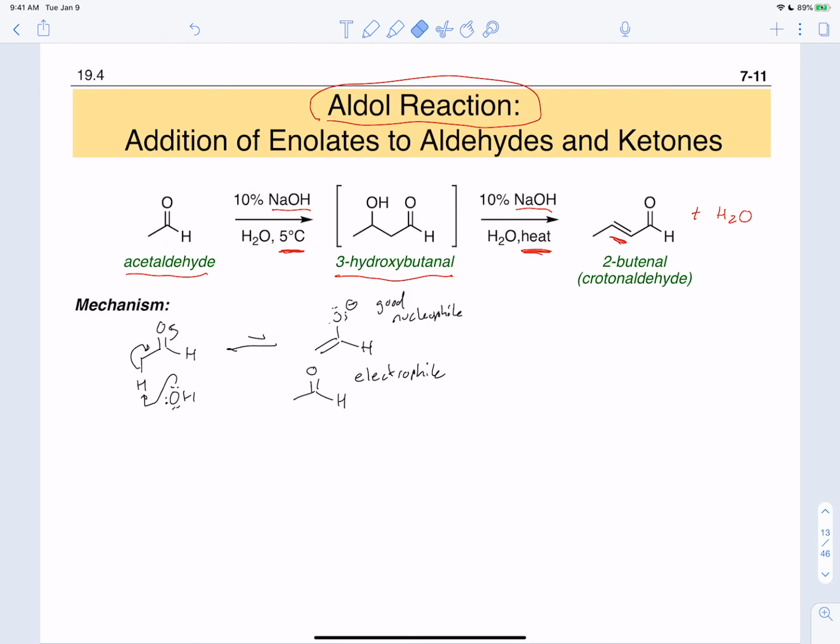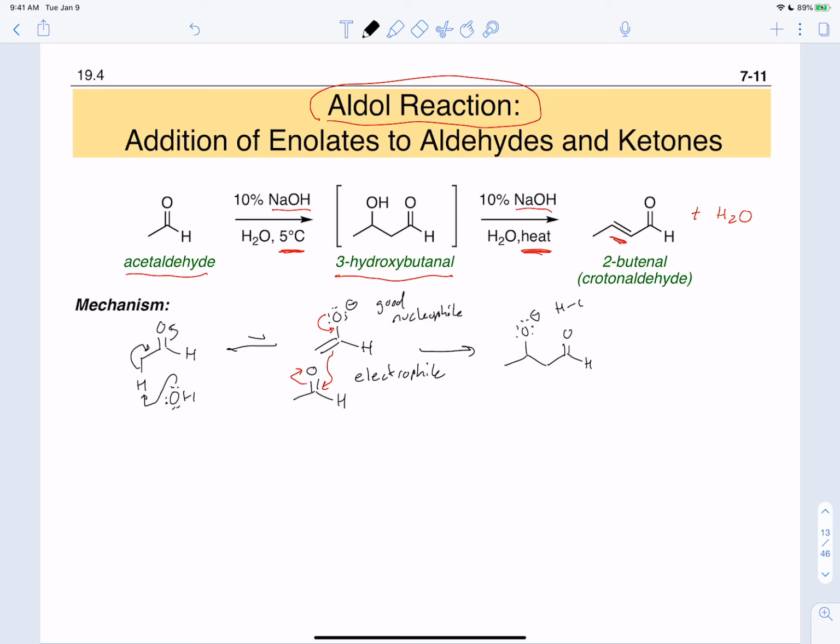So since this reacts at carbon, we'll push the electrons down from the oxygen, and we're going to attack the carbon of the carbonyl because the carbon of the carbonyl is electrophilic. Along the way, we end up making a new alkoxide intermediate, where under basic conditions, we're always going to have negatively charged intermediates here.